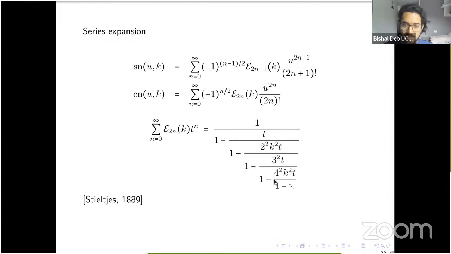This is a generalization of the continued fraction for secant numbers. In fact, if you put k equals 1, you should get secant numbers here: 1 squared, 2 squared, 3 squared, 4 squared, and so on. So this generalizes the continued fraction for secant numbers, and Stieltjes had discovered this in 1889.